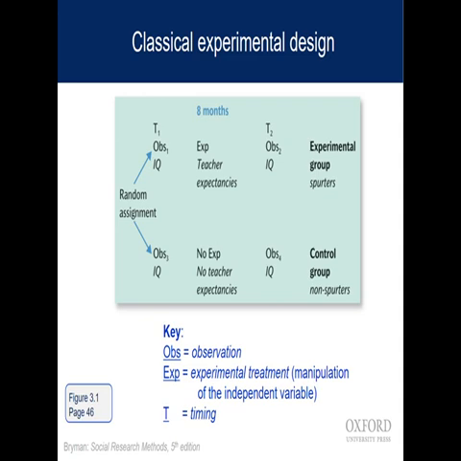So they teach them for 8 months, and then they test them again at T2, that's time 2. They test them again to see if the kids in the experimental group ended up getting higher test scores than the kids in the control group.